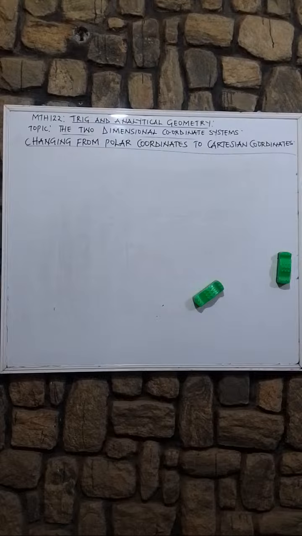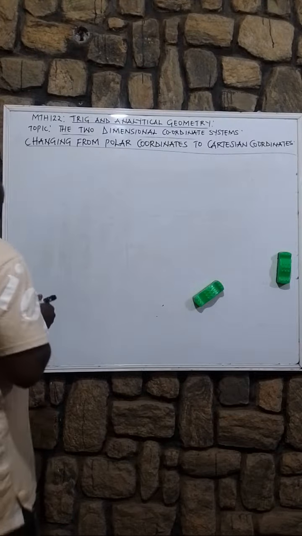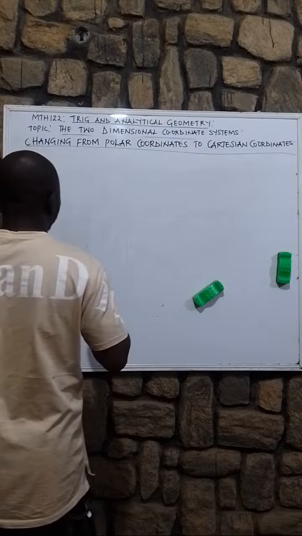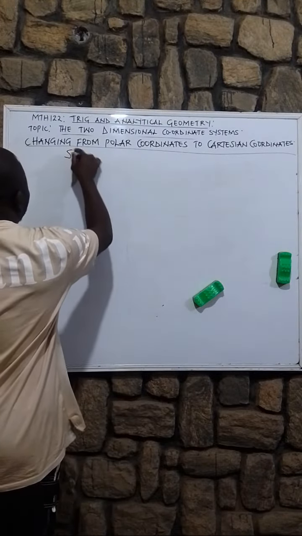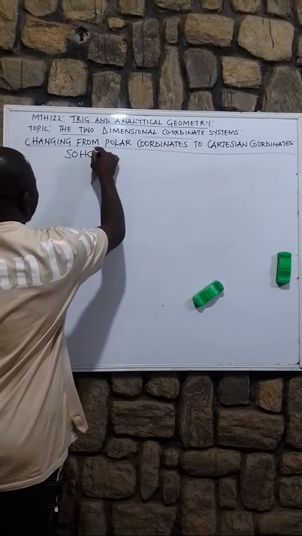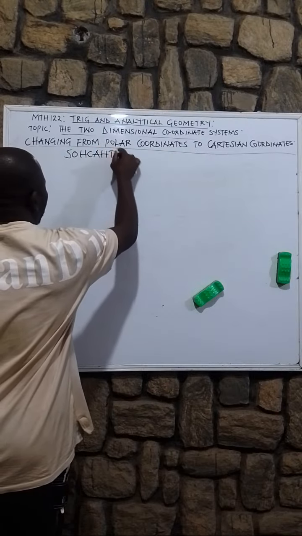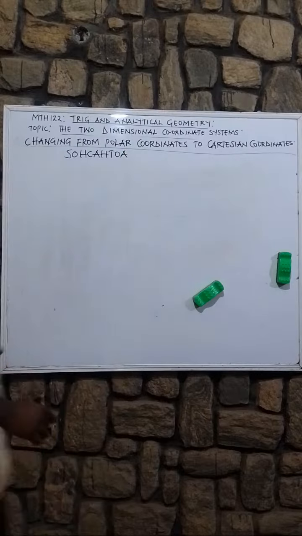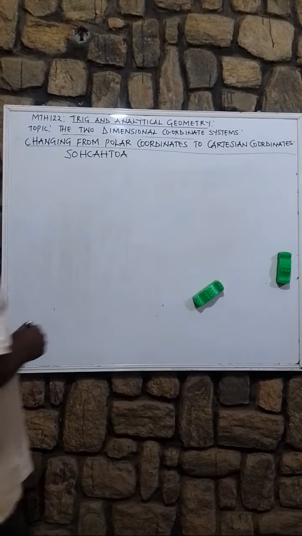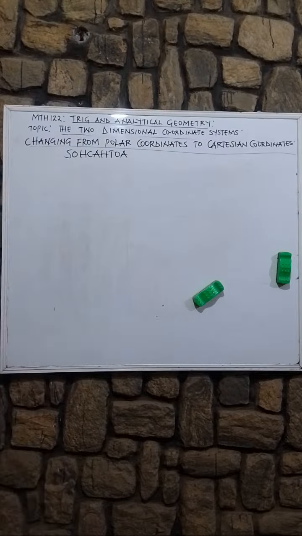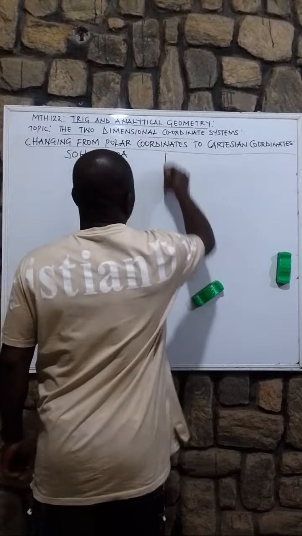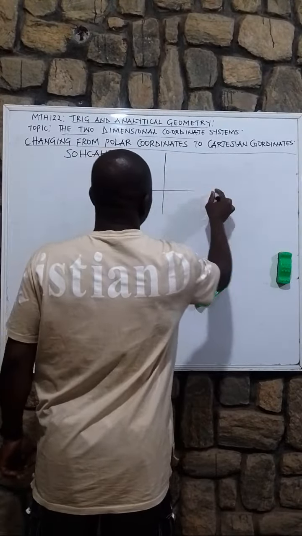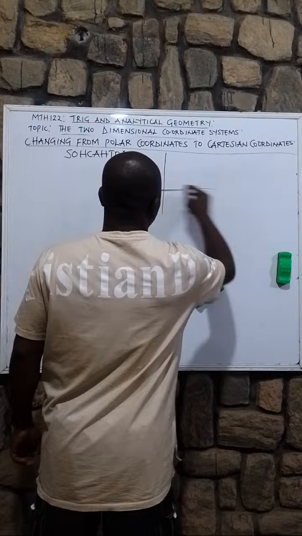Okay, let us go back to our elementary trig identity. Let's recall SOHCAHTOA. Then let us have our right-angled triangle again.